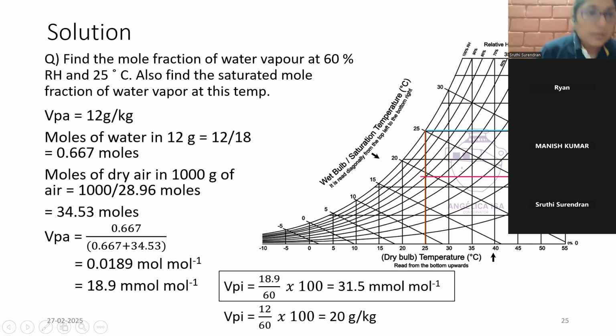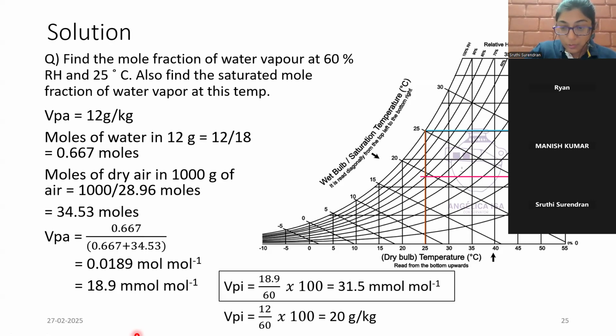For those of you who weren't there when I was taking how to read the psychrometric chart, we see the psychrometric chart. I said these horizontal lines are the ones that are giving us values of the humidity, the actual humidity.